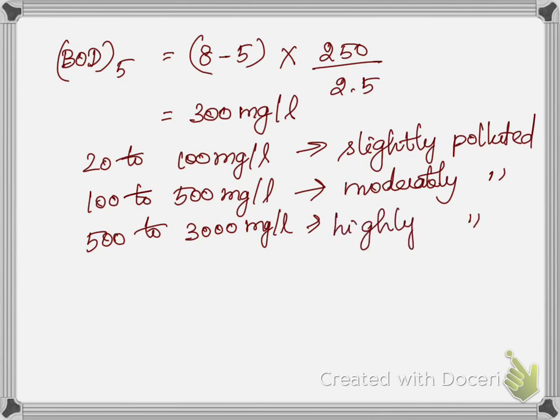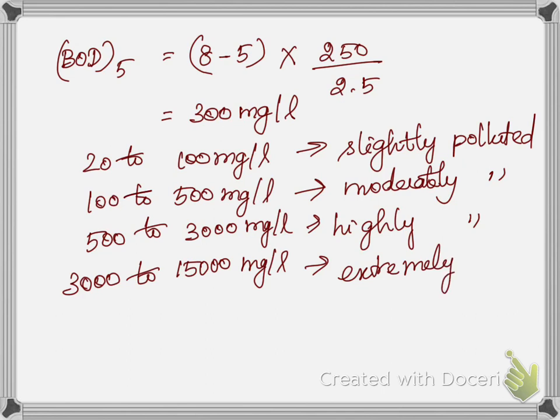And if it is between 3000 to 15,000 milligram per liter, it is called extremely polluted. So in this problem, our value is between 100 to 500 milligram per liter, so it is called moderately polluted.